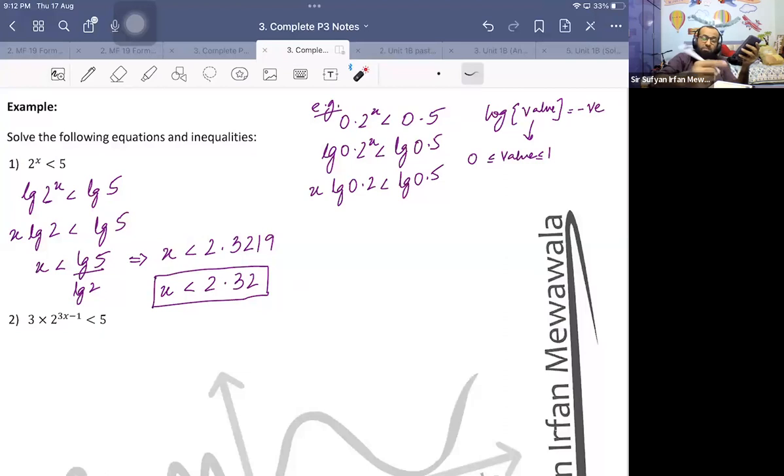So always remember that if the numbers are between 0 and 1, and if we are applying lg or ln or log with any base on that, the answer will be negative if that value lies between 0 and 1.